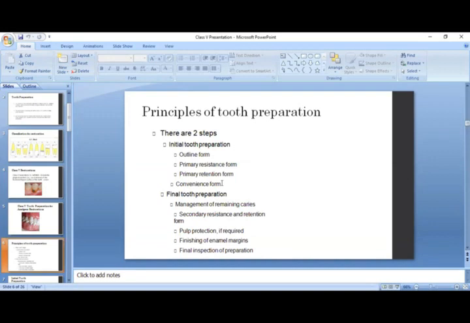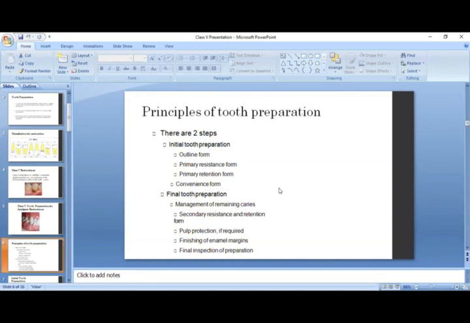If the practitioner fails to produce a convenience form of the cavity, it is not easily possible to place the restorative material or filling material in the cavity. If you design a proper convenience form, the restorative material is properly placed in the cavity. That causes the success of the restoration and of the filling material.